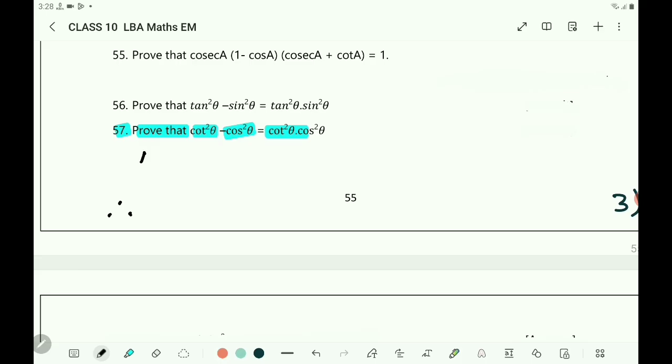LHS equals cot square theta minus cos square theta.